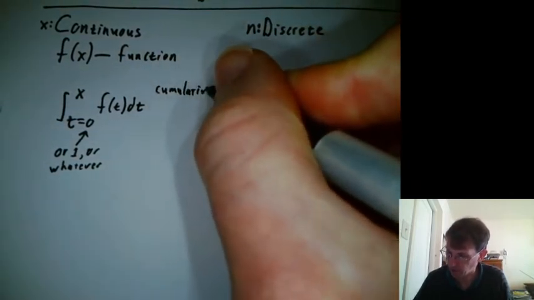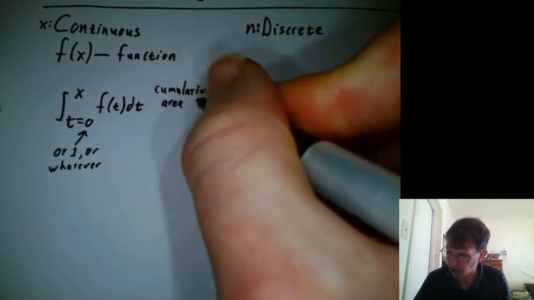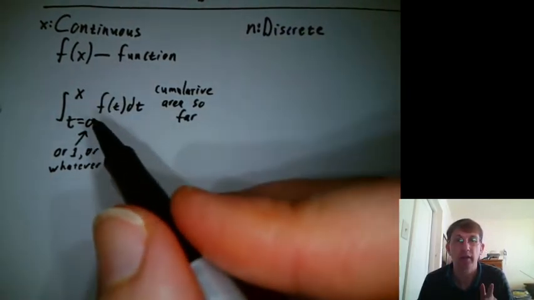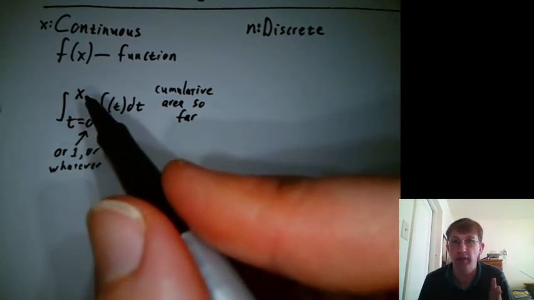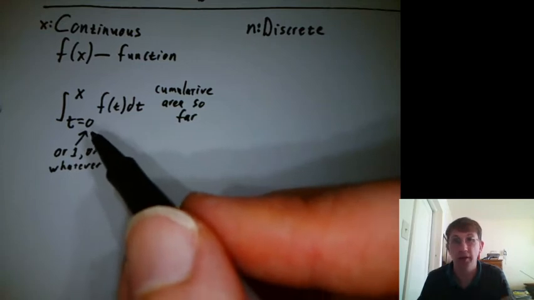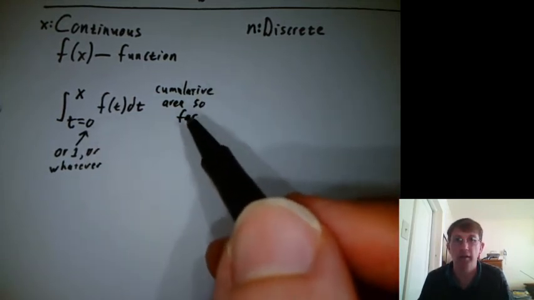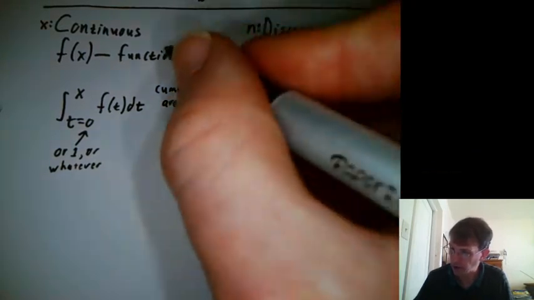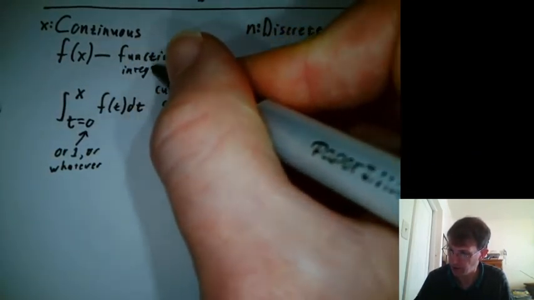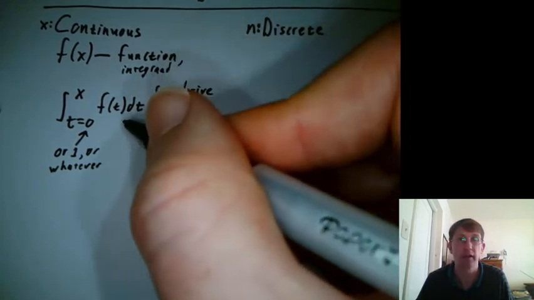So we'll say cumulative area so far. And if we want to stop at x, then we can't use x to start at 0 or 1 or whatever. We have to use some other letter, so we often use t for that. And this is the cumulative area up to x so far. This is the function. You could also call it the integrand. It's the thing that we're integrating here.